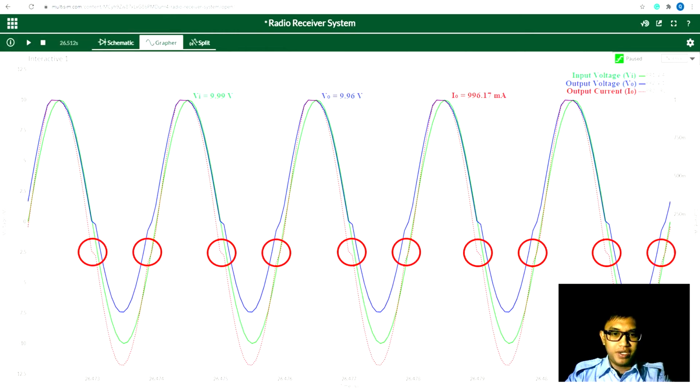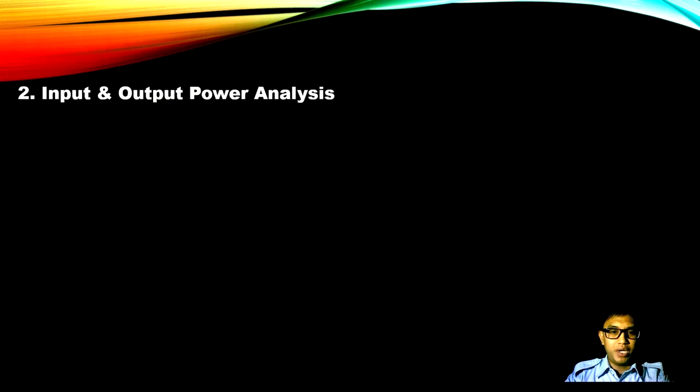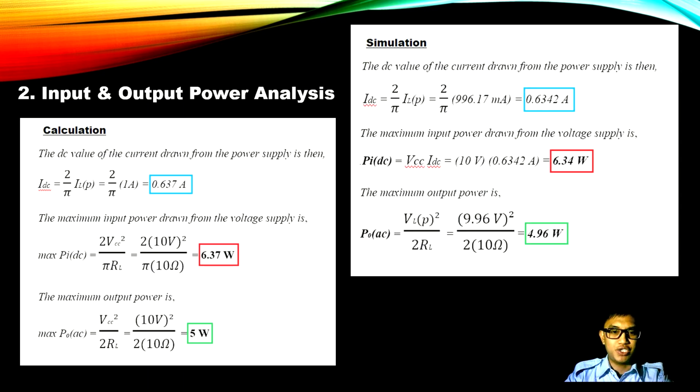As observed in the sinusoidal waveform here, there is a time interval between the positive and negative alternation of the input when neither transistor is conducting, which produces crossover distortion in the output signal. Next, for the input and output power analysis, there are slight differences between calculation and simulation.